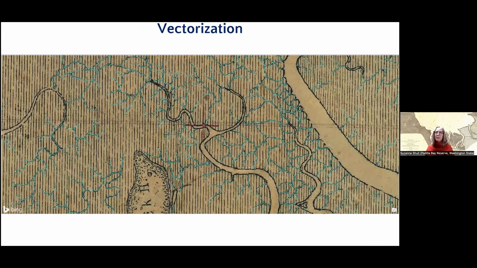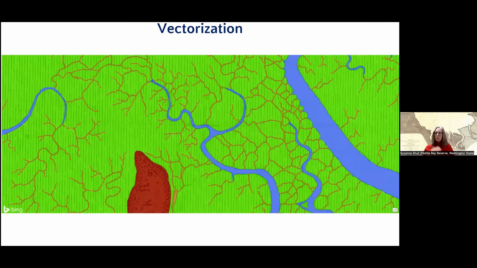We attributed them as either intertidal, no plants, or tidal creeks. And we then copied and pasted that into the delineated polygons of the larger features, the green being the salt marsh, red is upland, blue is subtidal, and deleted any overlapping features.